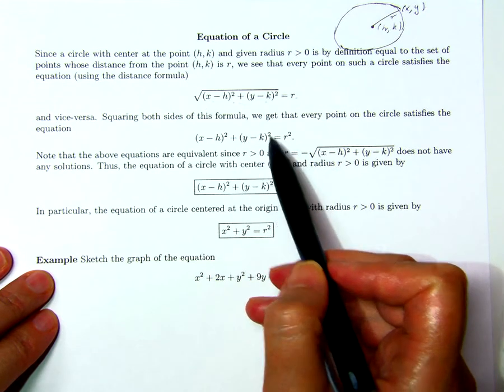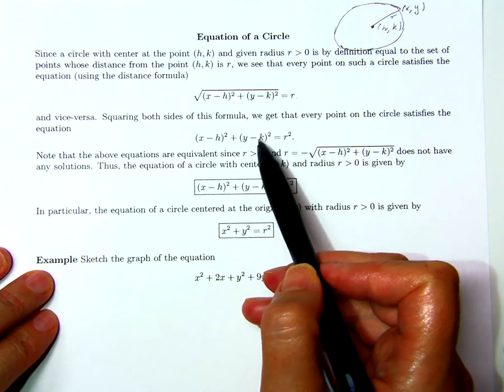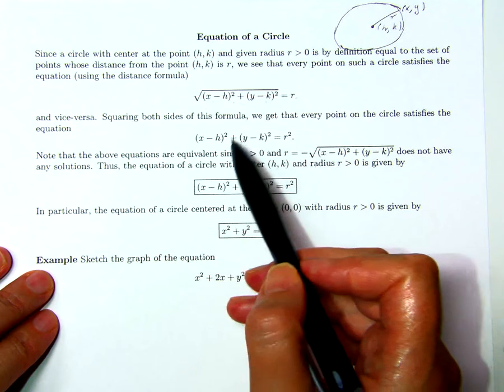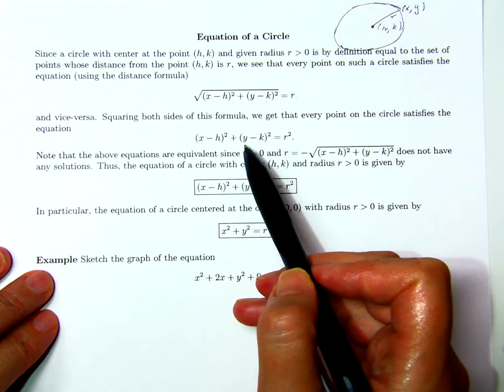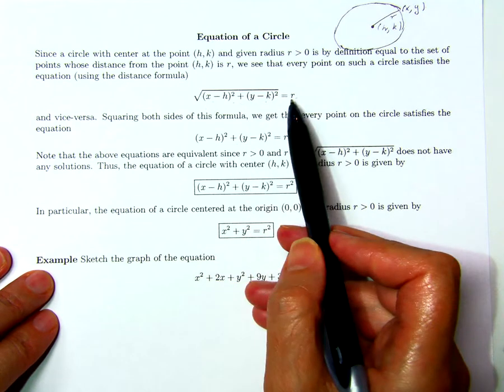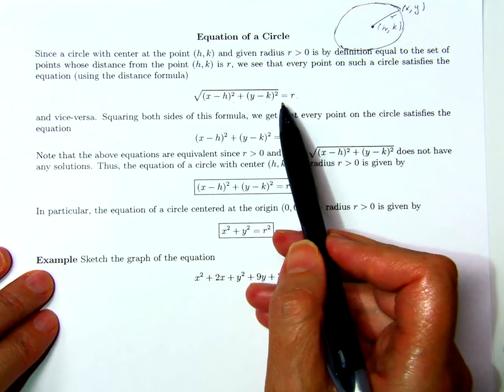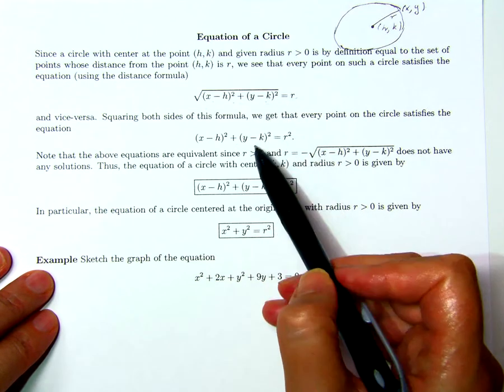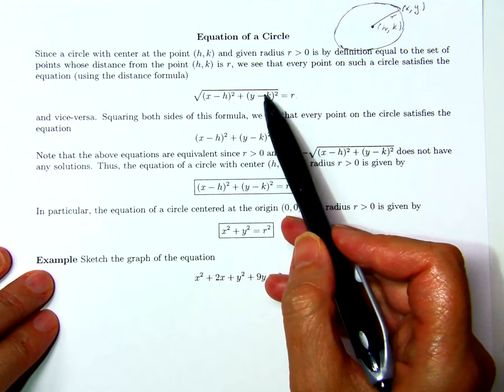And if you cast your mind back to a previous lecture where we discussed solving equations, we might get some new solutions to an equation by squaring both sides. So we have to be careful. Some of the solutions of this equation may not be solutions of the previous equation.